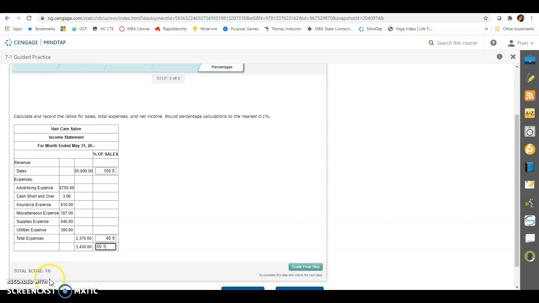I get 59.1. The check here is that these two numbers should equal 100%, or you've done something wrong with your rounding. So 40.9 plus 59.1 equals 100. I'm right. Don't cheat by figuring out one of these numbers and subtracting it from 100 to get the other one, because if you're wrong, then you are wrong.